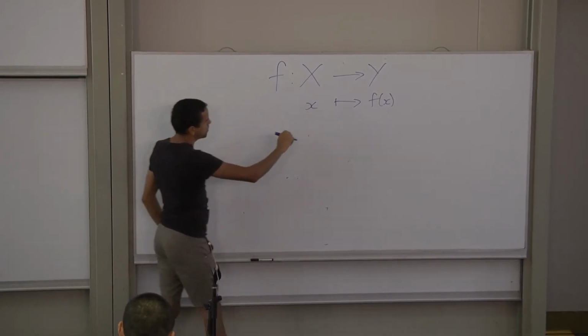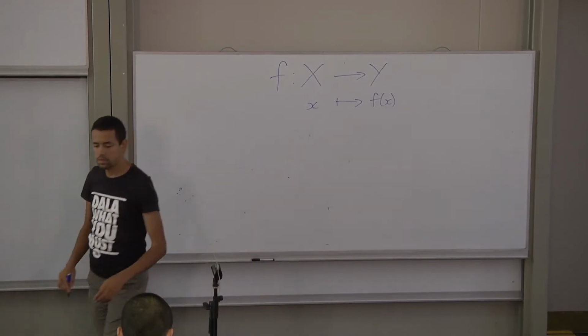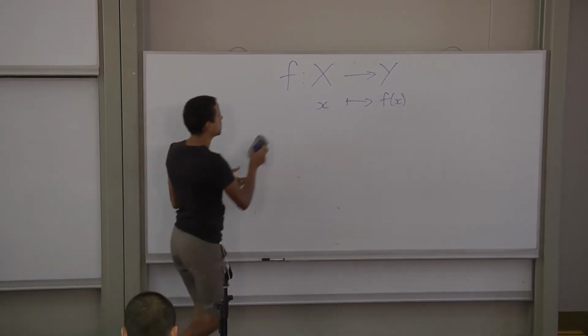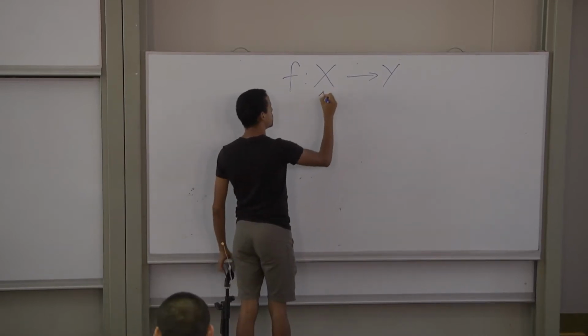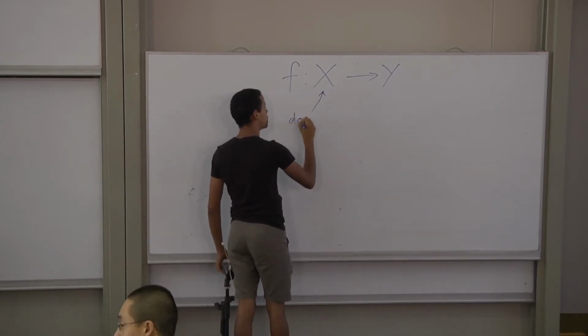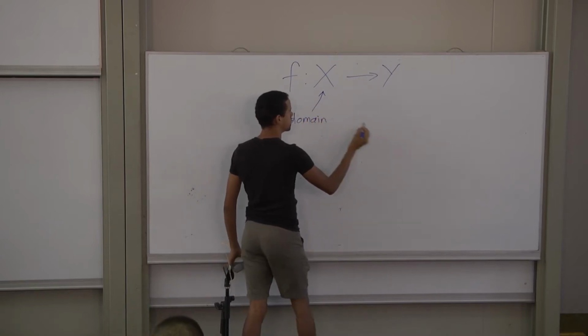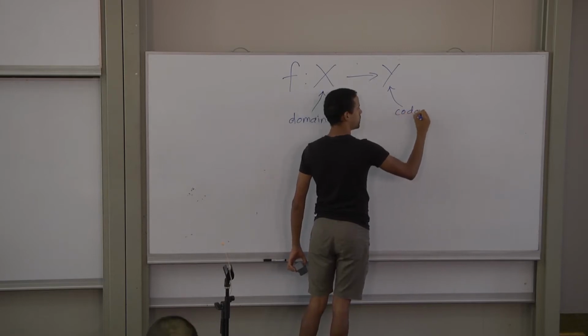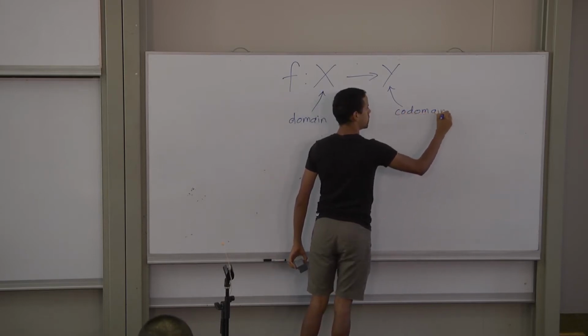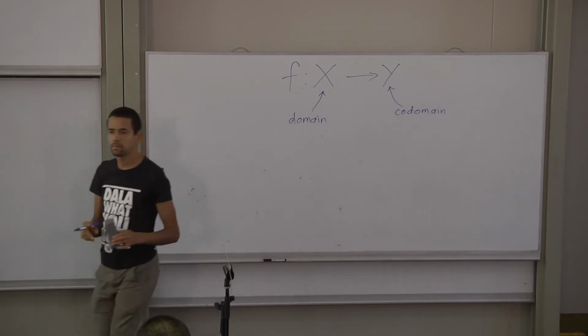So the first part, which is your set of input values, is called the domain. And this, your output values, is called the codomain.